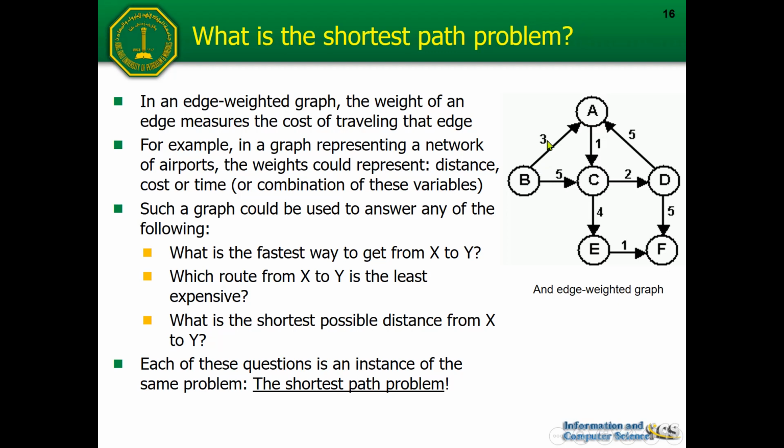For example, the edge from B to A has weight 3. The edge from B to C has weight 5. This means that if we travel from B to A, the corresponding cost will be 3. If we travel from B to C, the corresponding cost will be 5.